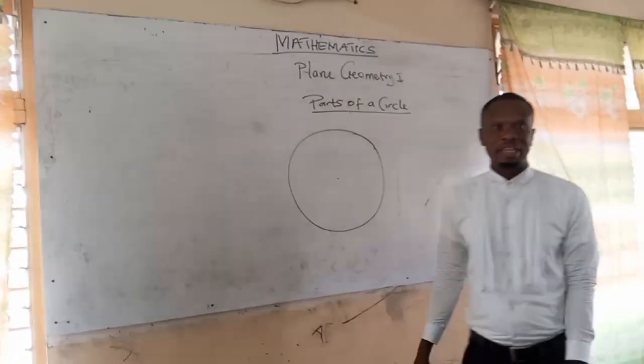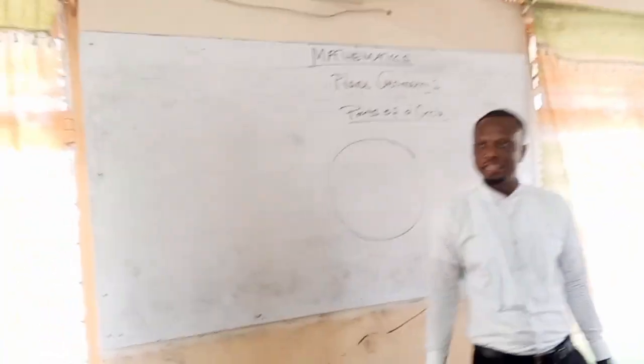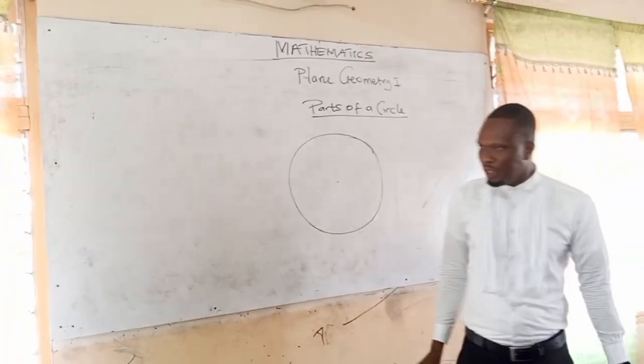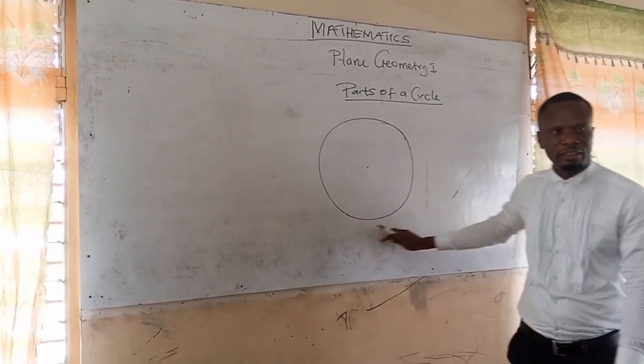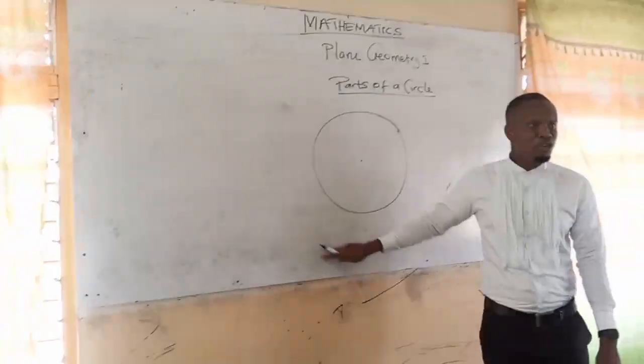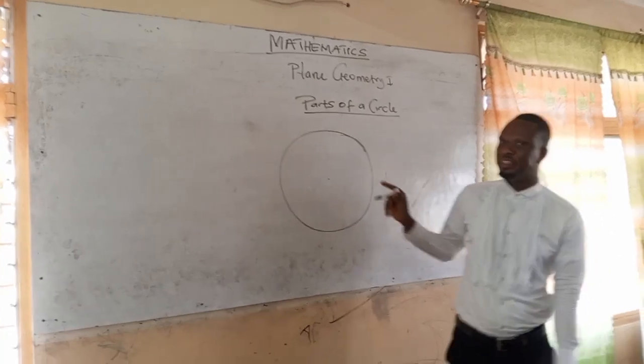So I have my circle like this, and then the center. The distance around this circle is known as the circumference.